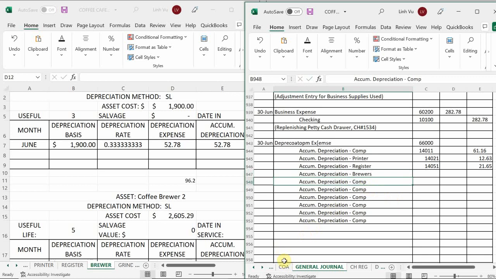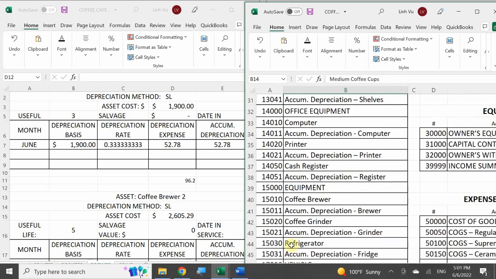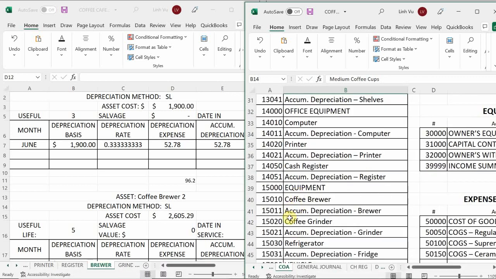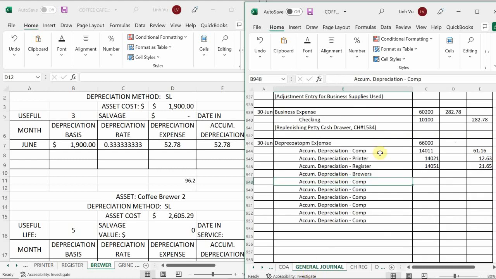That's going to be account number 15010, for the grand total amount of $52.78.